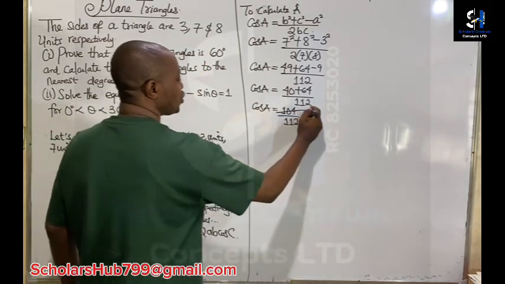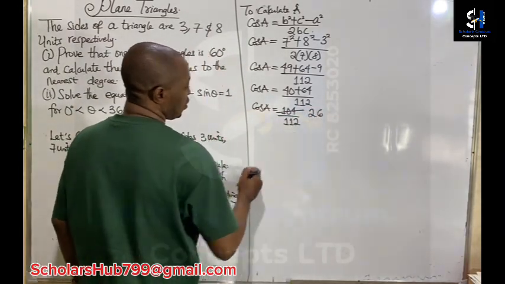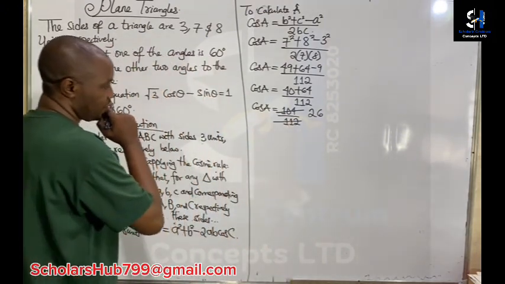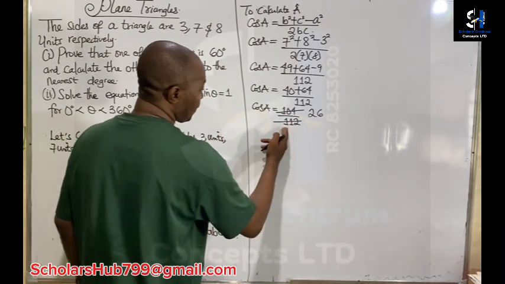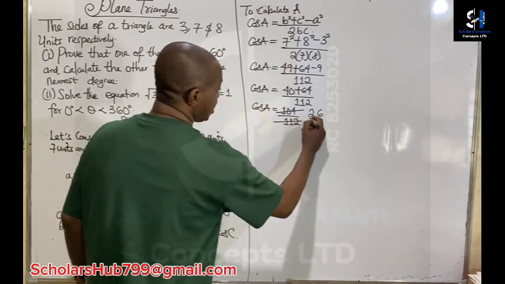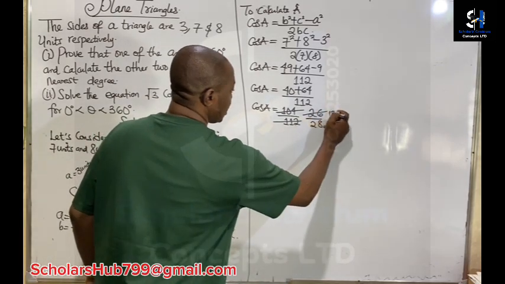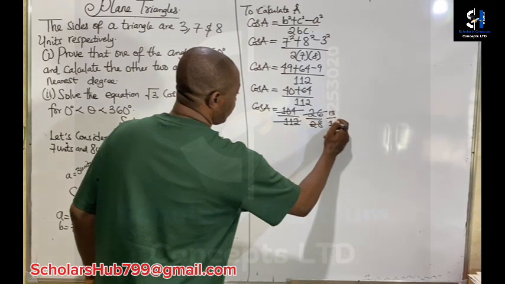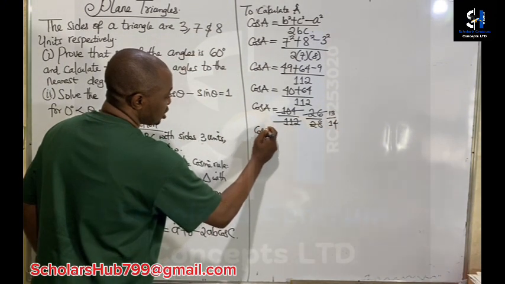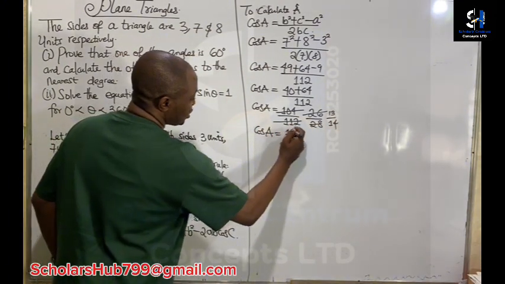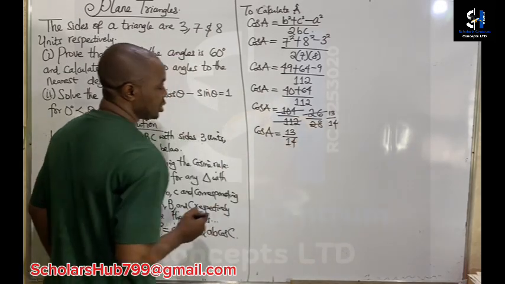Dividing this by 4, this will be 26. Let's also divide this by 4, this will be 28. Now let's divide this by 2. This will be 13, and this will be 14. So what we have now is cos A equals 13 over 14.